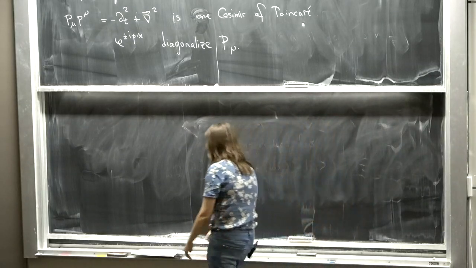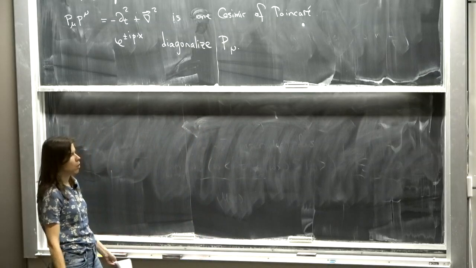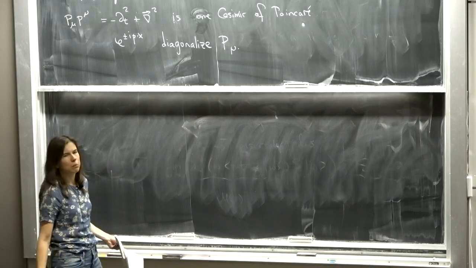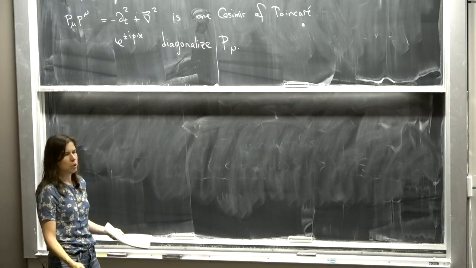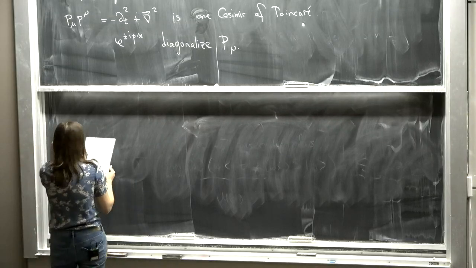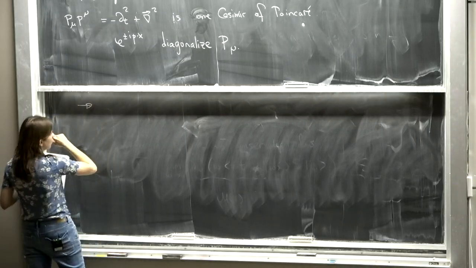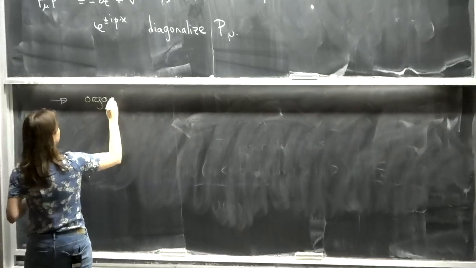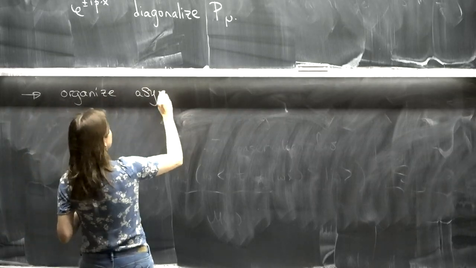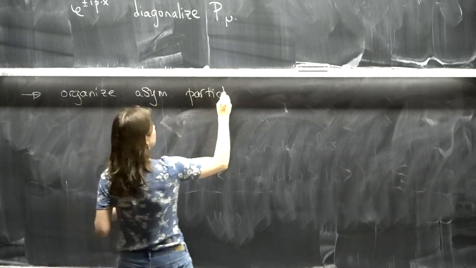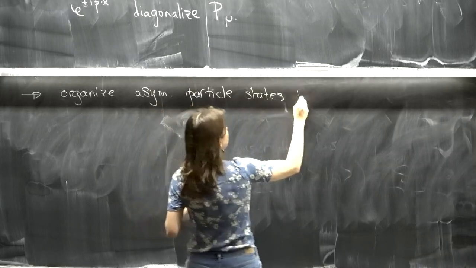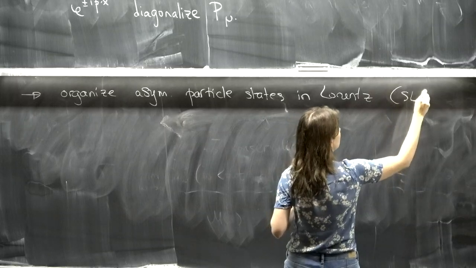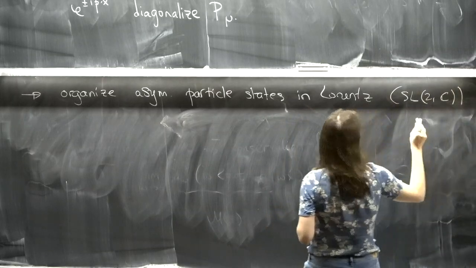So one may want to make as much symmetry manifest as possible. We see that there are some glimpses of this W1 plus infinity algebra, so we might want to organize our asymptotic states into representations of those. So at a more basic level, one can try to organize asymptotic particle states in Lorentz representations instead, or SL2C representations.